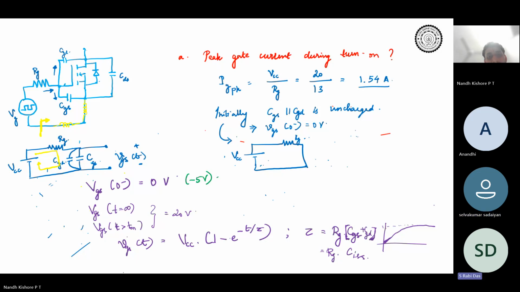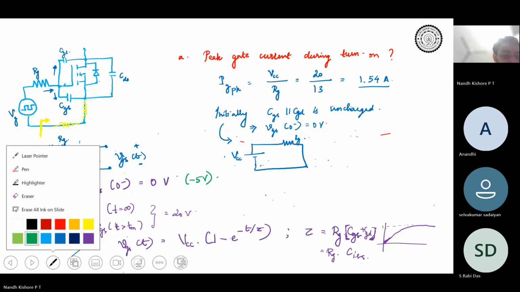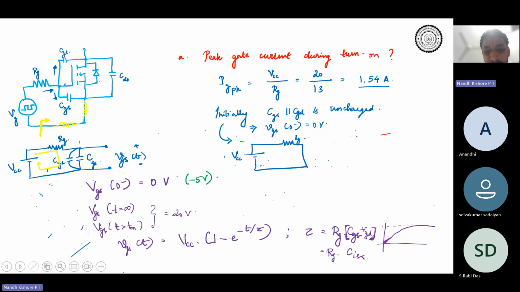The peak to peak swing will become 25, correct? So you would understand that your IG peak, in this case, if your VGS was minus 5 volts, would be VCC minus VEE divided by RG, correct?